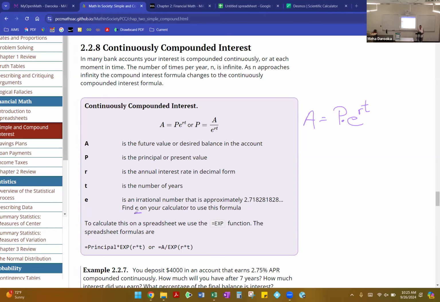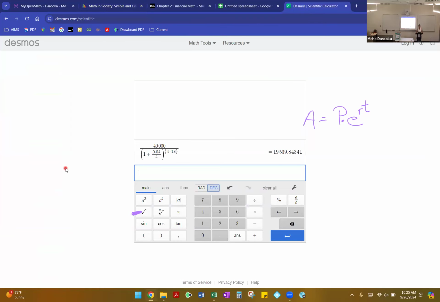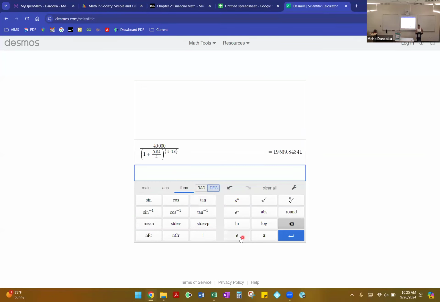So you will need to know where to find that natural number E on your calculators. In Desmos, there is no natural number. Really? There you are. So you have to go under the function option, and you will find that natural number E. Now in handheld calculators, if you can find the LN key, it's usually right on top of the LN key.